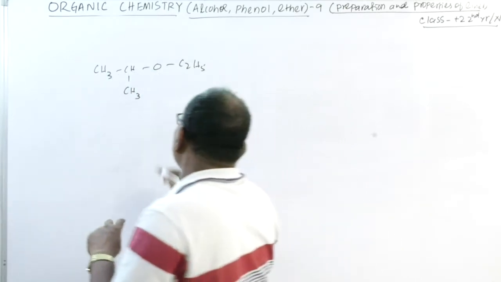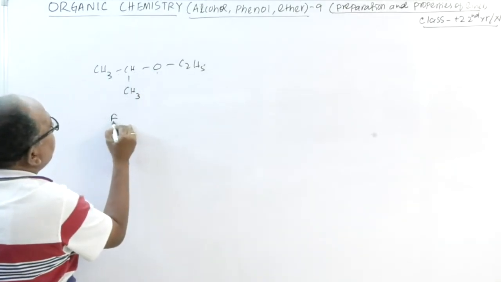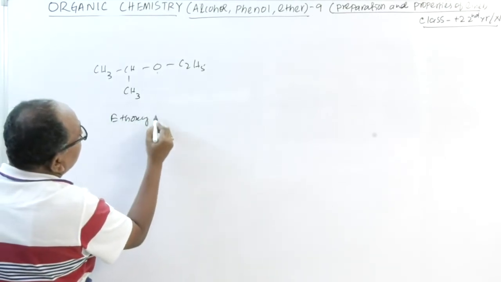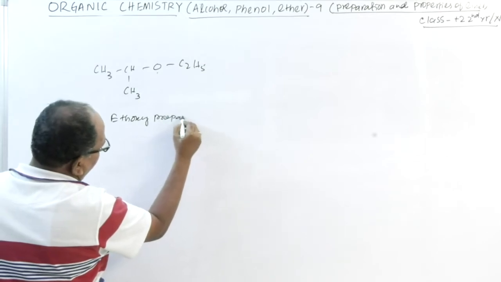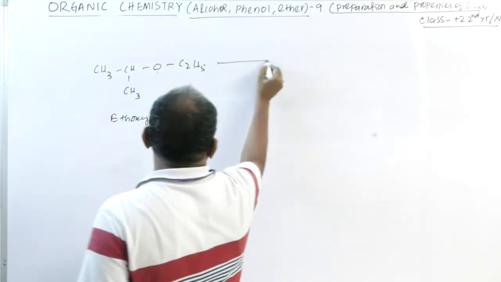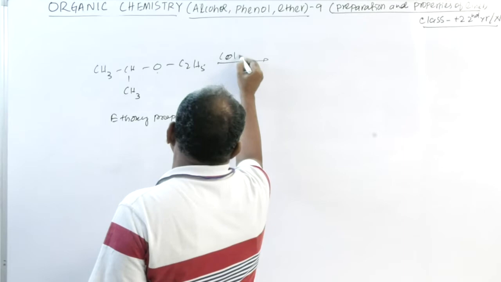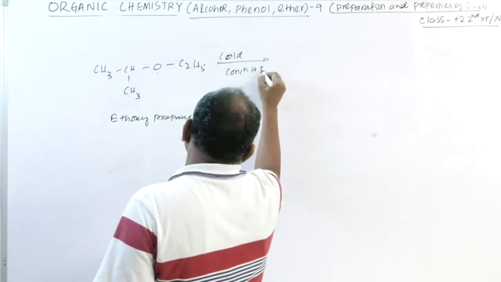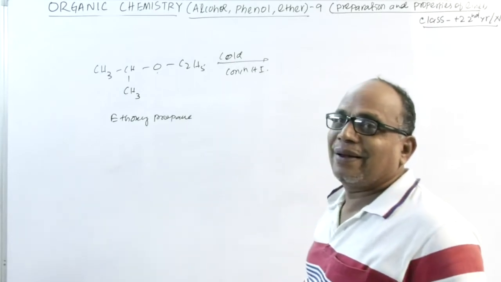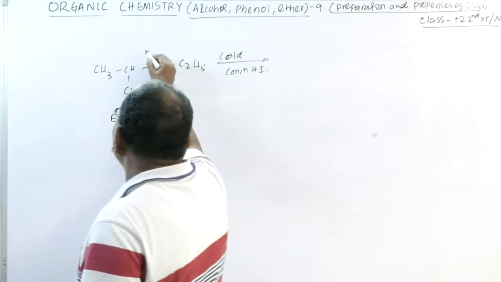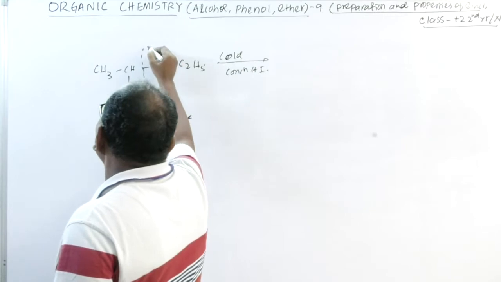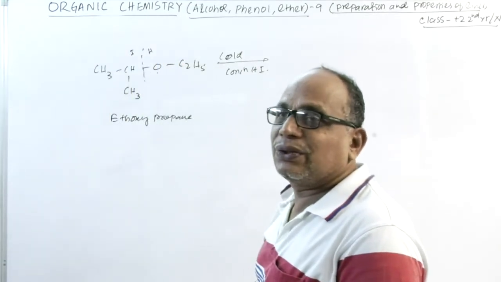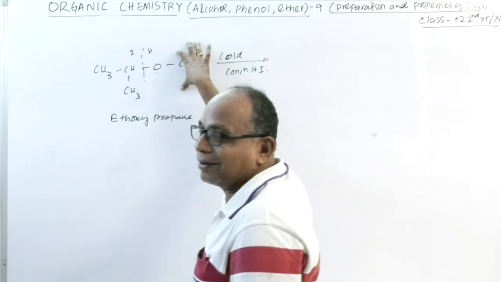This compound is ethoxypropane. When it is heated with cold and concentrated HI, what will happen? The bond will break here, and this side is H, this side is I. You see, this is a bulky group as compared to this one.